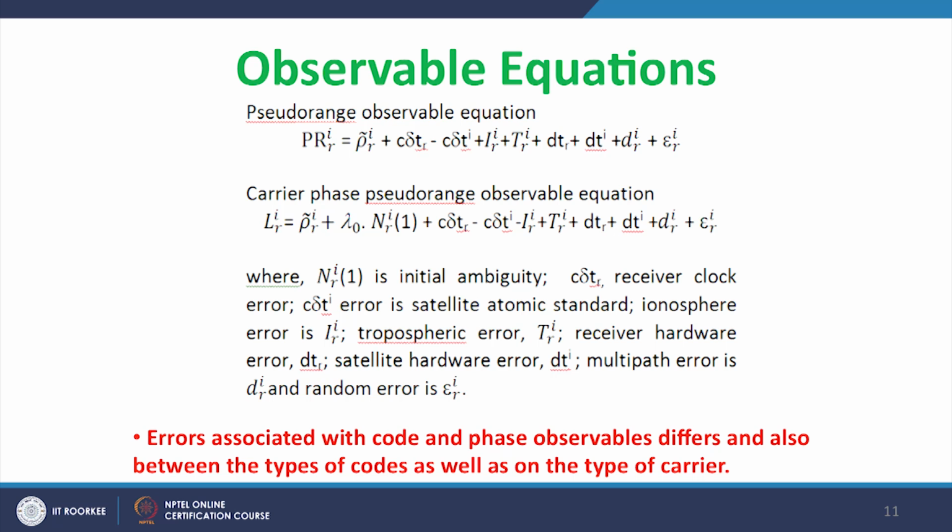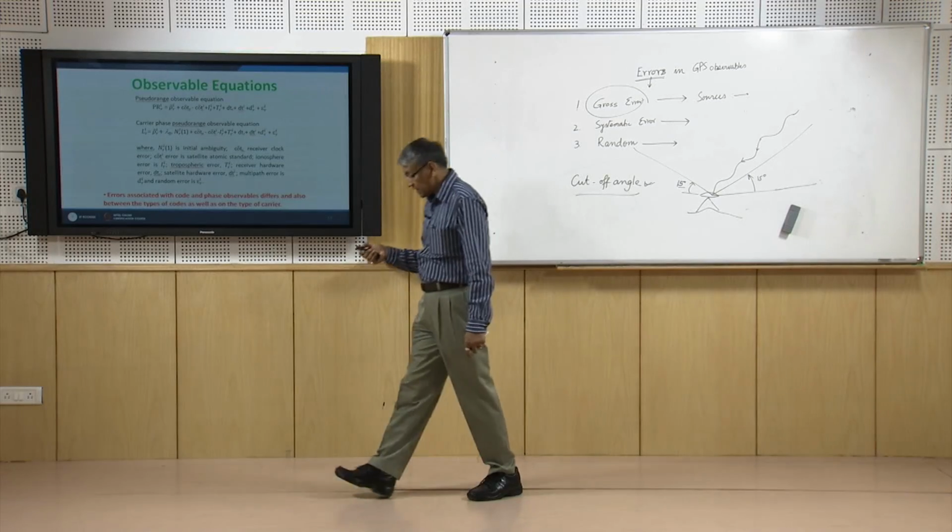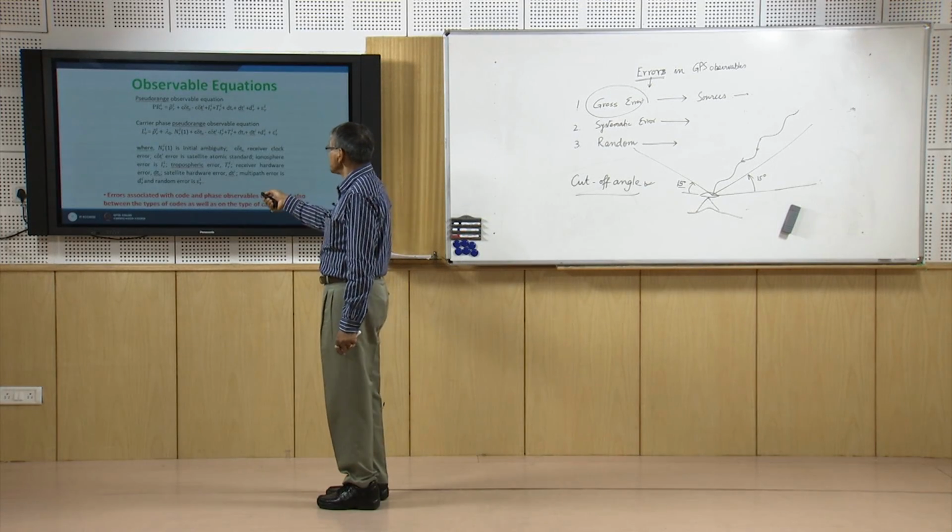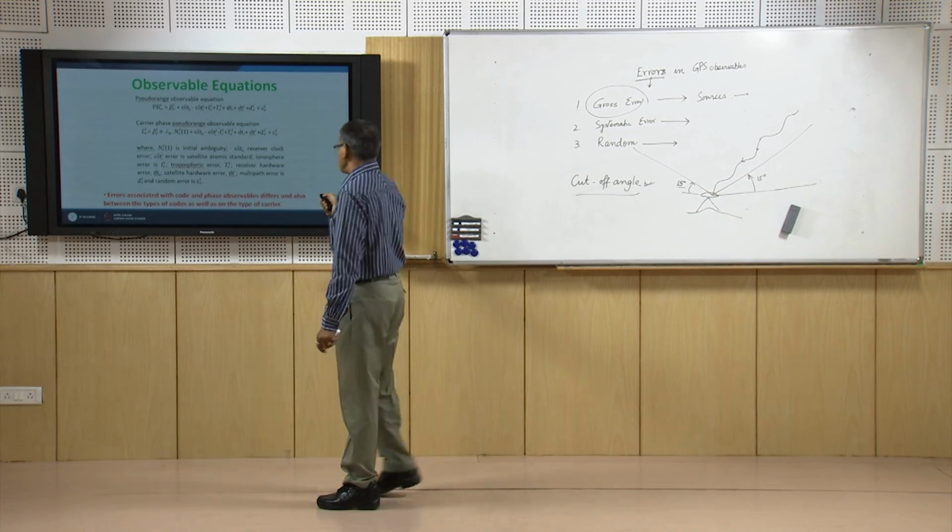With these errors, we can say that the observable equation is like this: for pseudo range it is the geometric range, plus the error due to receiver clock error, error due to satellite clock error, ionospheric error, tropospheric error, receiver and satellite hardware error, multipath error, and then the random error. So the pseudo range consists of many parts.